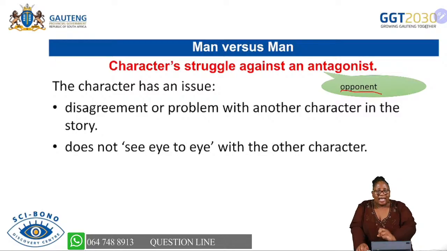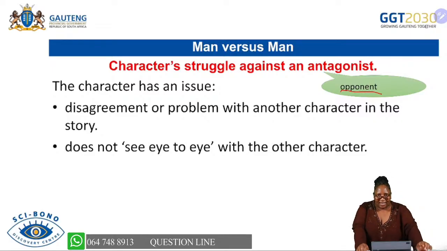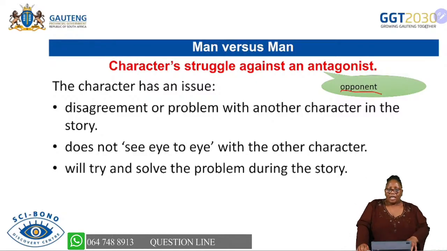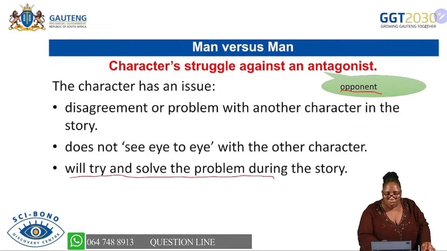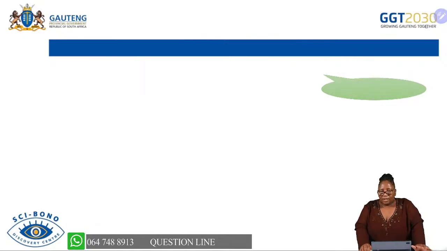They don't see eye to eye with the other character. They differ in opinion. And the story must do what? We will try to solve the problem as the story continues. So it is man versus man. Tammy versus Mr. M. So there's the type of conflict that we're talking about.